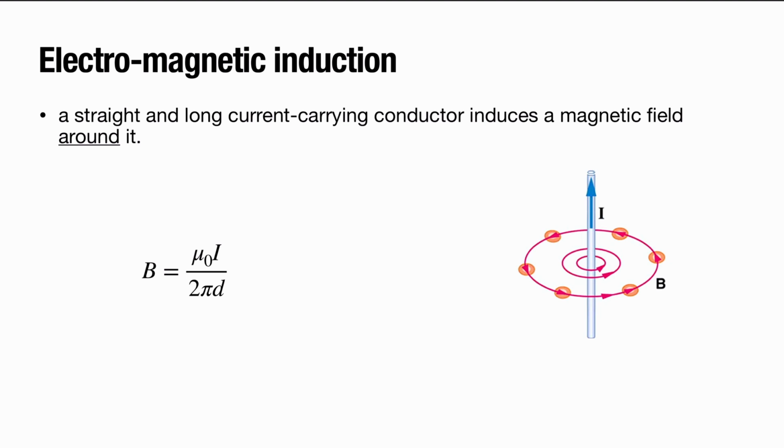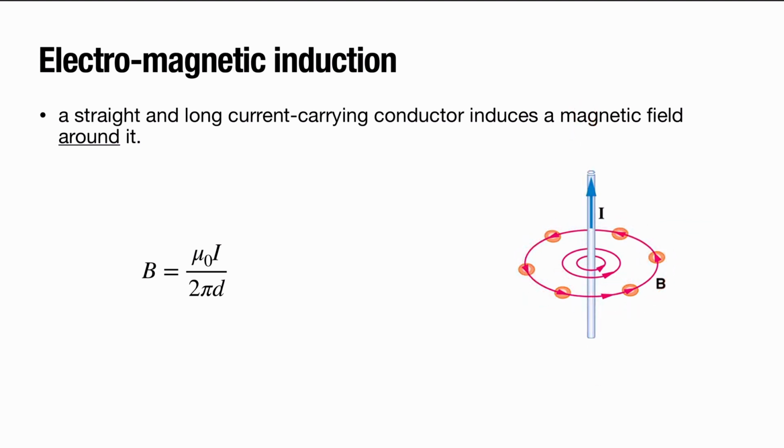Okay, well, let's review one of the principles we learned earlier, in particular in RPH 100. What we learn is that when we have a long conductor or a wire through which current is flowing, and typically the current has to be non-constant, that current induces or generates a magnetic field around it. Flowing current through a wire produces a magnetic field around the wire.